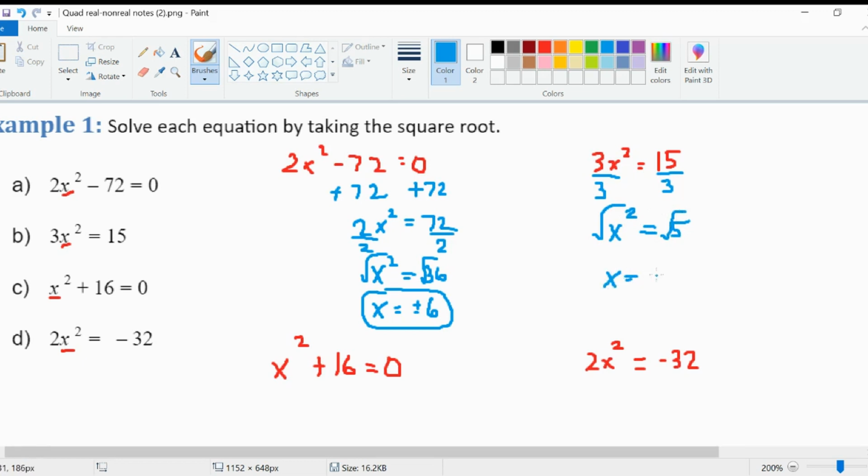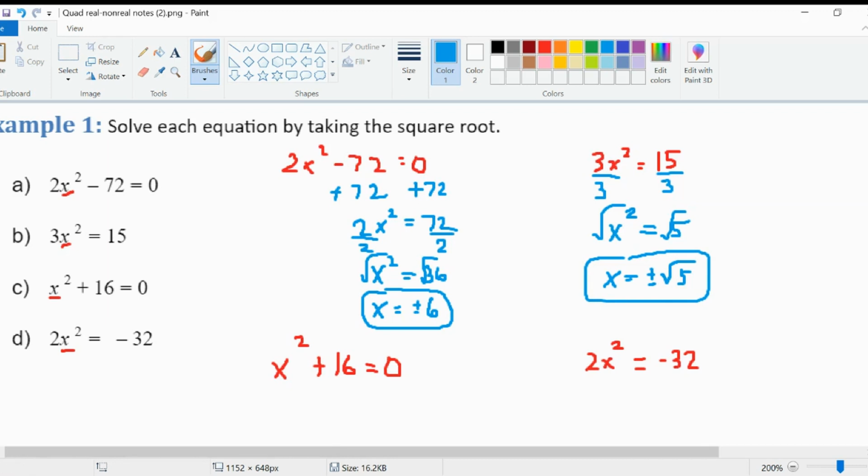So again, anytime we take a square root, there's a positive and a negative that will multiply by itself to get back to your value. But here we have the square root of 5. So we think about perfect squares. Is 5 one of our perfect squares? No. If you cannot simplify your radical, we'll just leave it in radical form. So we get plus or minus the root of 5.